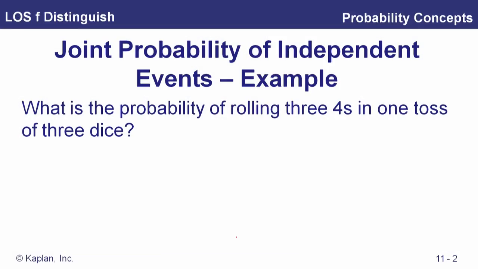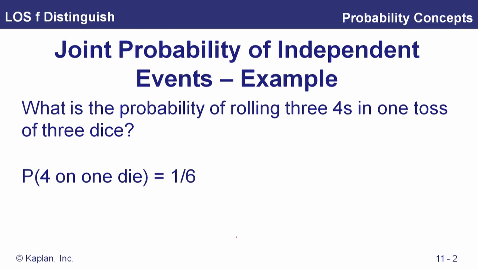And we also use an example of 3 dice here. So what's the probability of rolling 3 4s in one toss of 3 dice? Well, the outcome on each of the die, or each of the dice if you prefer, is 1 out of 6, right? There's 6 sides on a die, and there's 1 4 on a die. So 1 out of 6 is the probability for each of these 3 independent events.